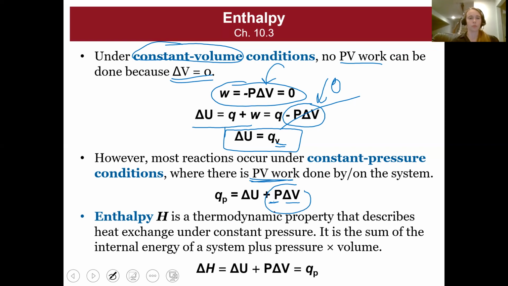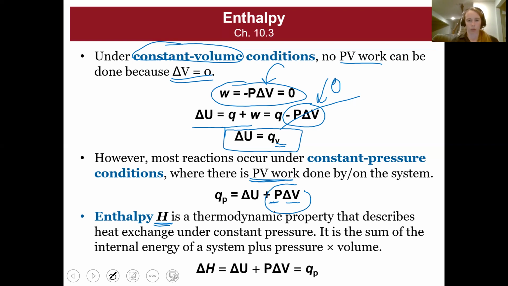And now we're going to talk about a new term called enthalpy. Enthalpy is denoted with this capital H. It's probably related to Greek or something, but enthalpy, capital H, is a thermodynamic property that describes heat exchange under constant pressure conditions.